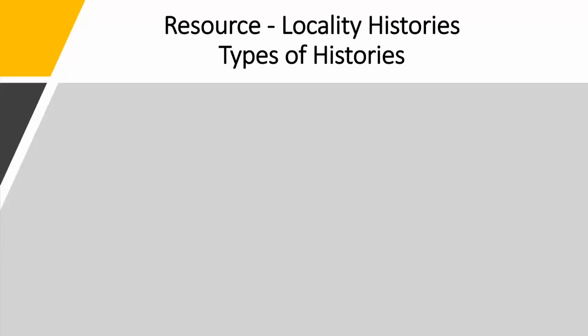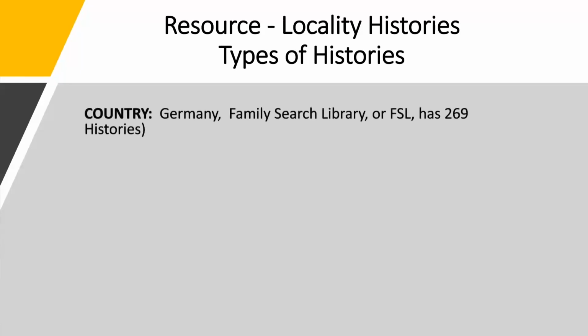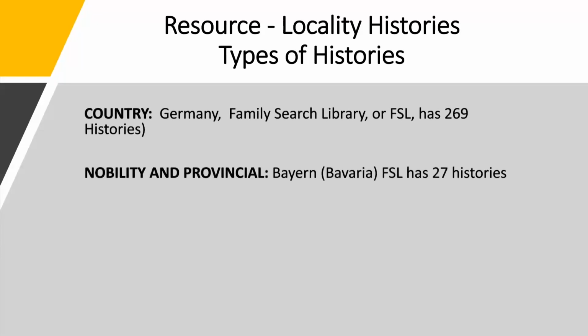Different types of German locality histories include country, nobility area, city, cultural area, and topographical area. For example, those found in the Salt Lake Family Search Library catalog include, for the country of Germany, 269 histories. For the nobility area of Bayern or Bavaria, there are 27 histories.